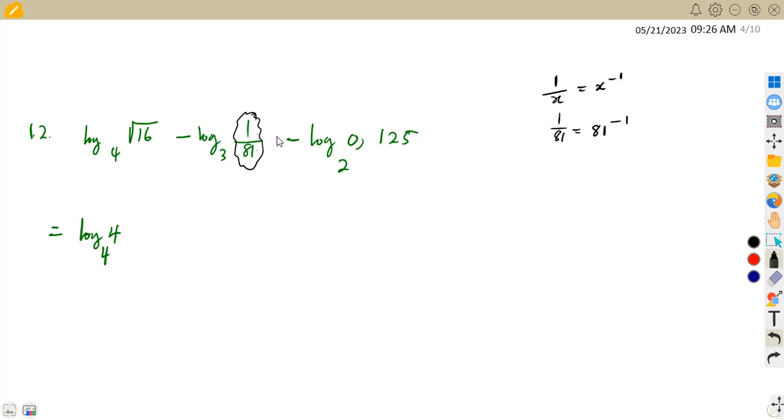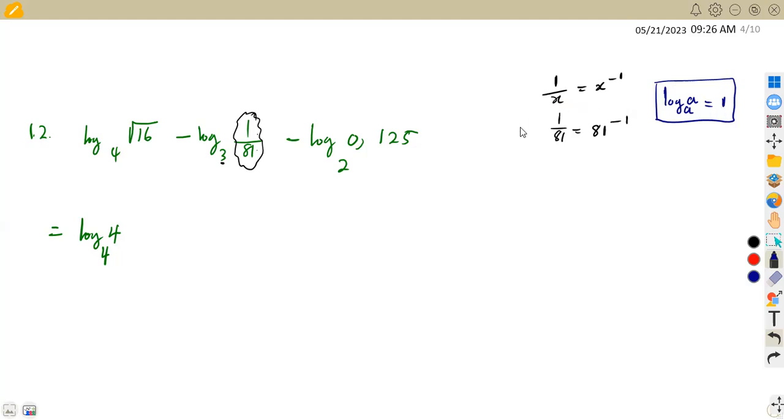But we can actually write this in the base of 3. We can try to reduce this 81 to the base of 3 because we've got a 3 here. Why do we want to write this in the base of 3? Because there is a law that the logarithm of a in the base of a is equal to 1. That is, when a number and a base are the same in the logarithm, we obtain 1.